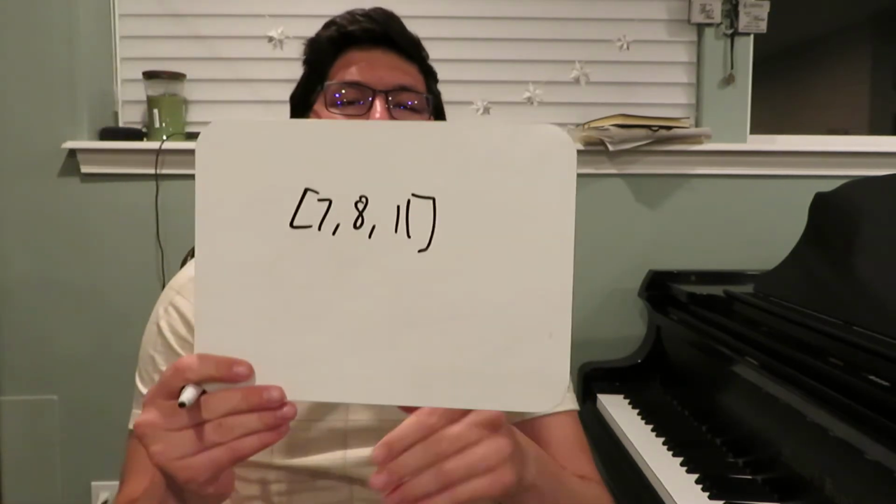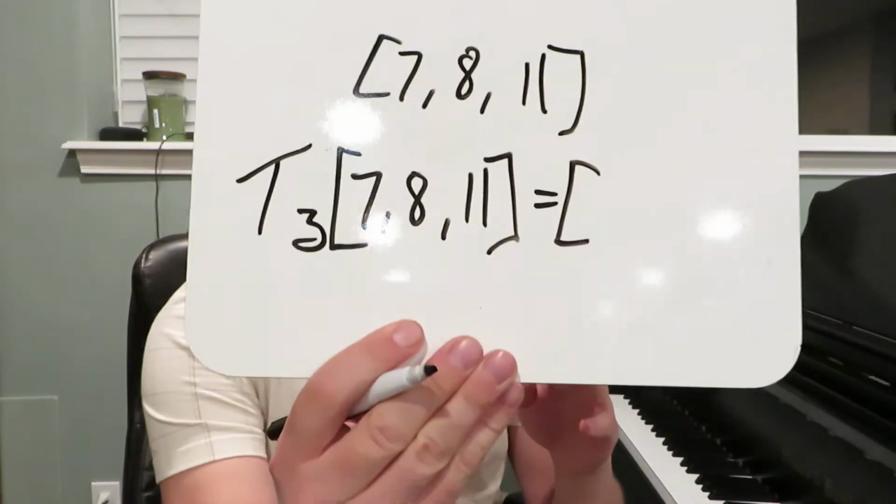If we wanted to transpose that, we could say, let's go by 3 this time. The transposition of pitch class set 7, 8, 11 is equal to, what's 7 plus 3? 10. What's 8 plus 3? 11. What's 11 plus 3? 0, 1, 2.